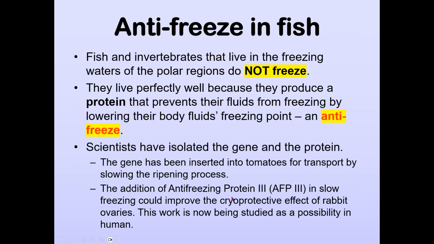So they found that they could improve what's called cryoprotective effects of whole ovaries of rabbits. So instead of doing just the cell, they took the whole rabbit ovary and froze it in this solution.